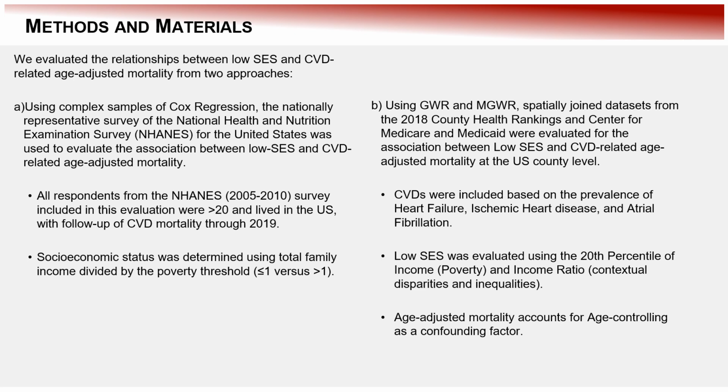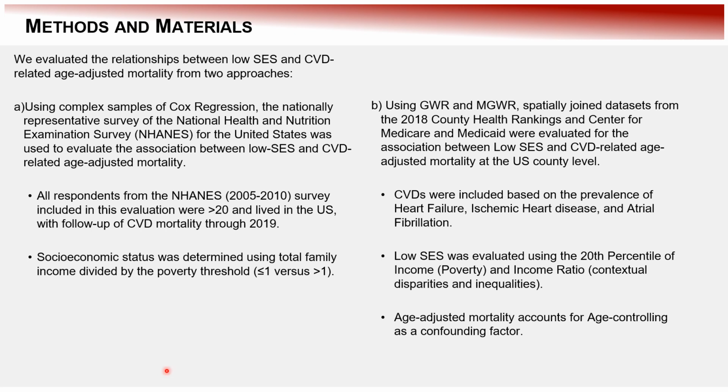To this effect, we employ two methods: the Cox regression, using the nationally representative sample from NHANES from years 2005 through 2010, where all participants were older than 20 and were followed up through 2019.